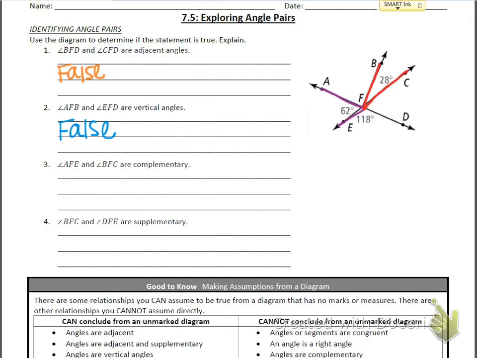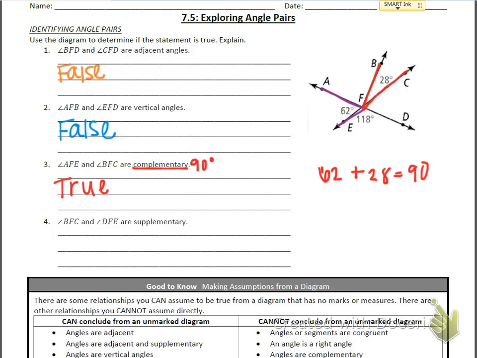What does complementary mean? Add up to 90. Okay. What's the measure of angle AFE? 62. 62 plus, what's the measure of BFC? Do those add up to 90? Yes. I'm worried. So it is true.